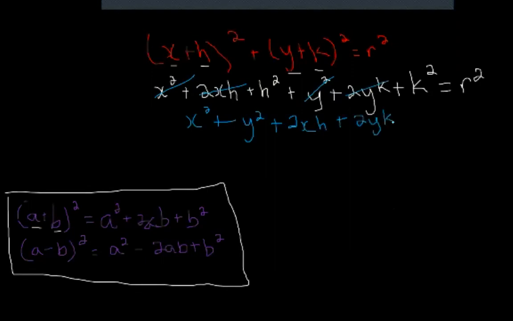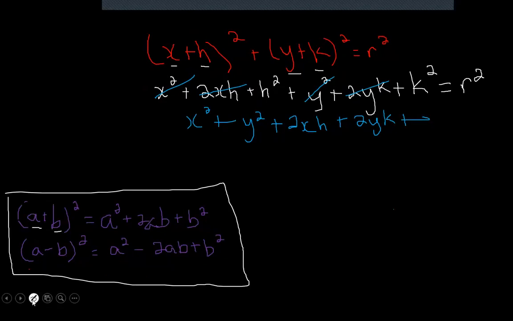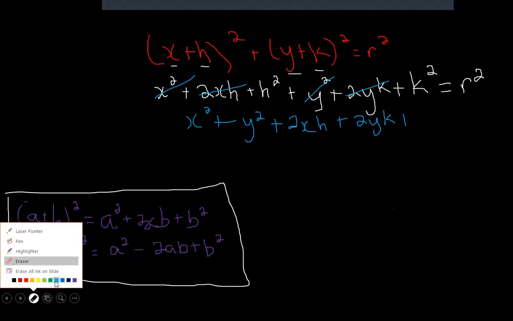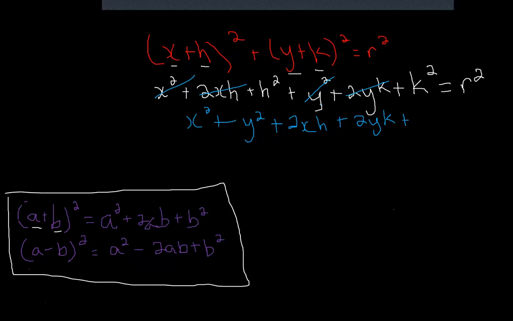Just crossing off the terms as we go so you don't get confused, right? The next term I want to put is the h squared, so I'll cross this off and write it here, plus k squared, so I'll cross this off. k squared is equal to r squared.